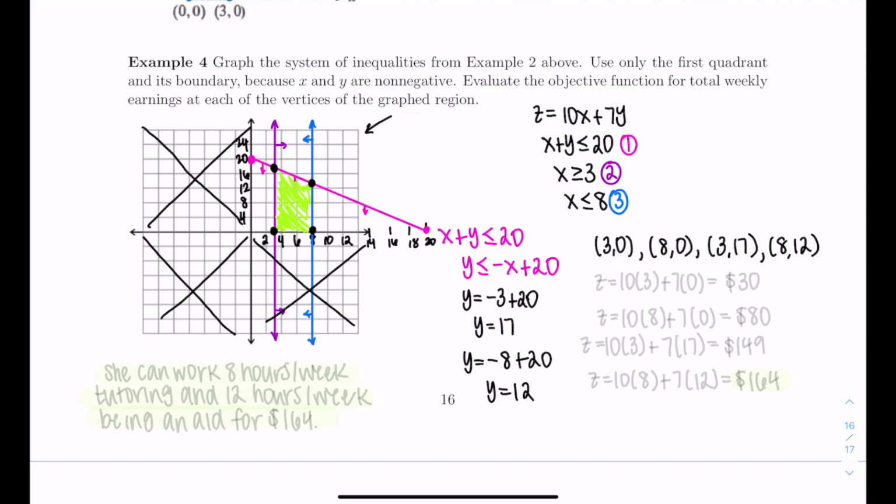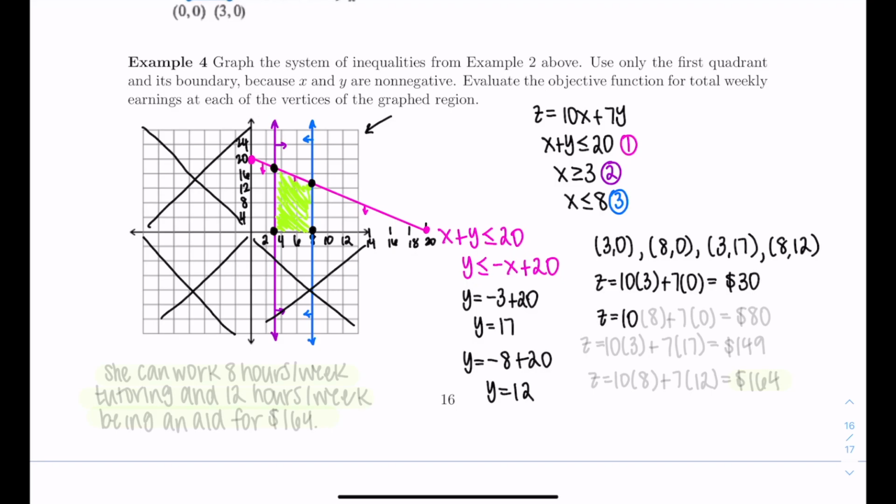We need to plug all of these into the objective function. So let's go ahead and do that. Z equals 10 times 3 plus 7 times 0 gives me $30.